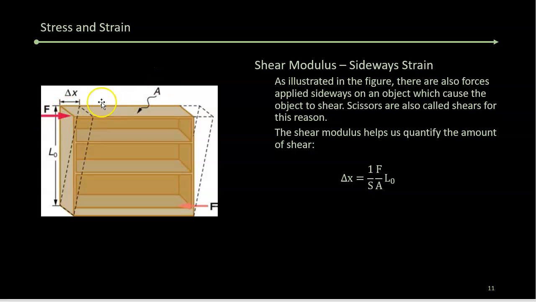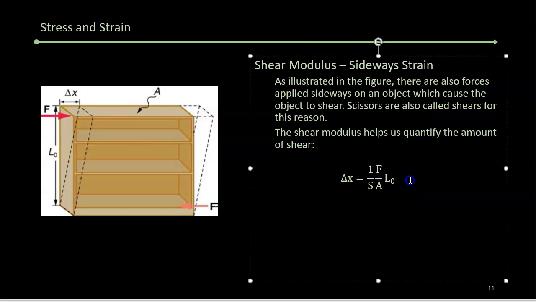So you've got F over A, and then you've got delta X and L naught. And this shear modulus S is this proportionality constant here. You could rearrange this equation to look a little bit more like the other one, in which case it would be F over A is S times delta X over L naught, right?